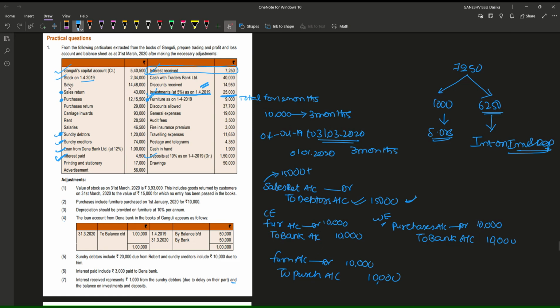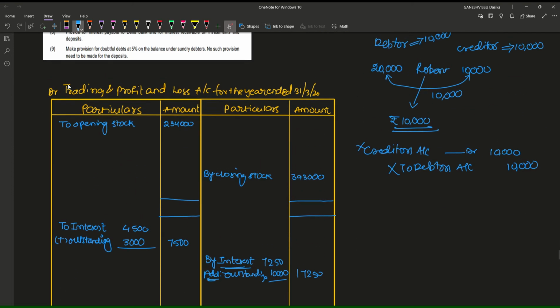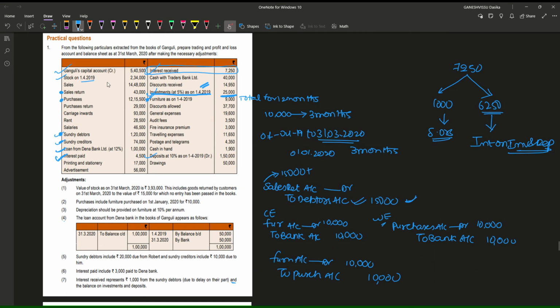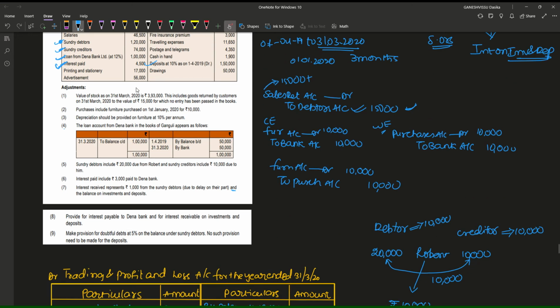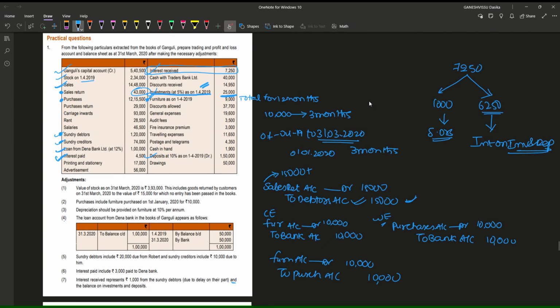And now we have sales of 14,48,000, and less returns in bracket. We have completed sales, and in sales returns we need to add the sales returns of 15,000 rupees.